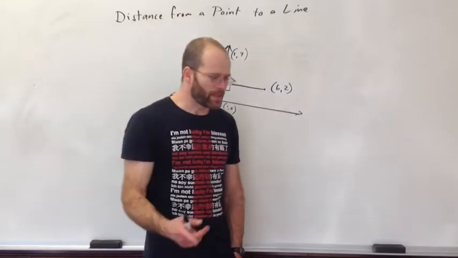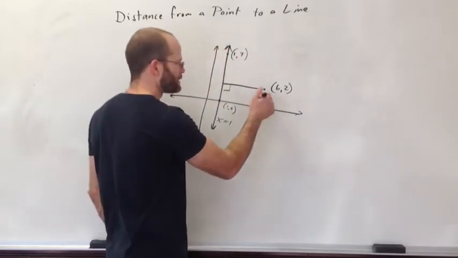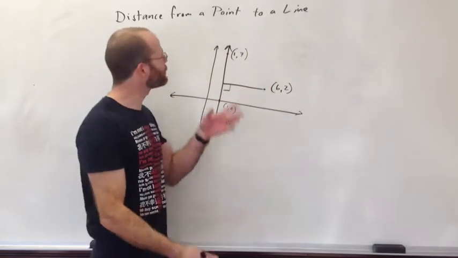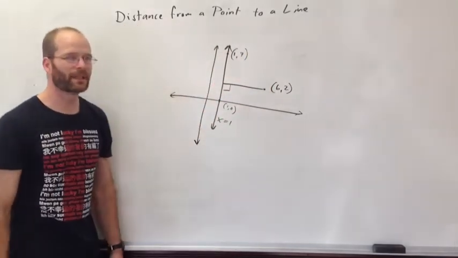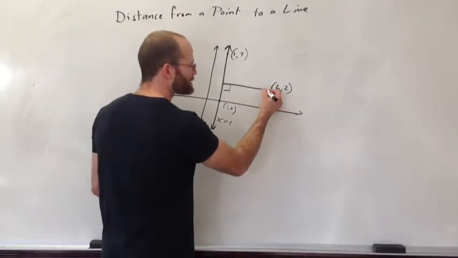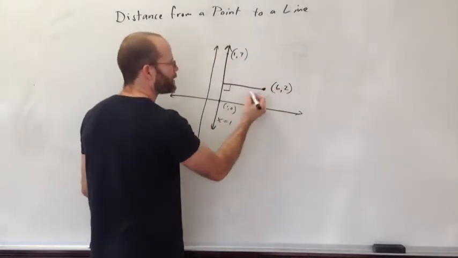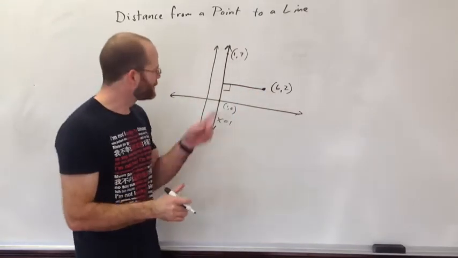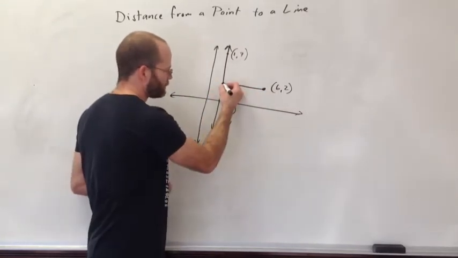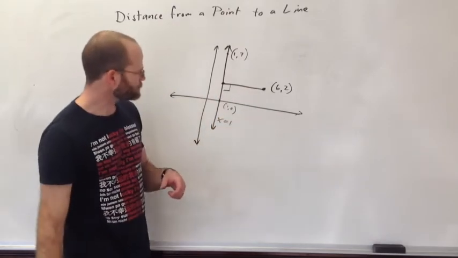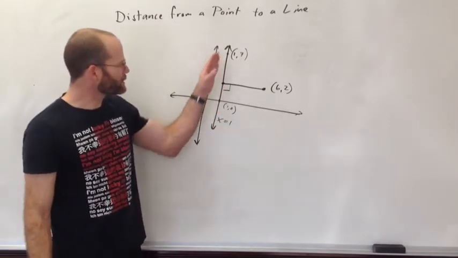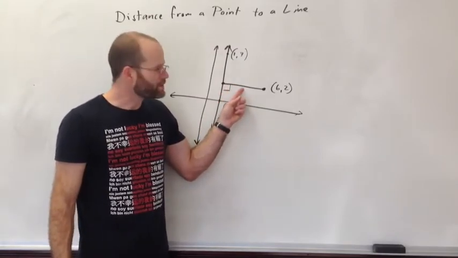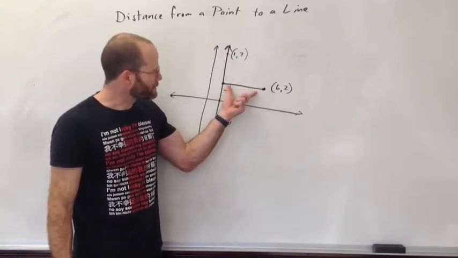Well, you can see that the point is an infinite number of distances from different points on the line, but that's not what we mean when we say the distance from a point to a line. We mean, how far is this point from this line along this perpendicular segment? So that's the question for us. In order to answer the question, we need to identify this point right here. So, if this is a vertical line, and this line is perpendicular to it, this is a horizontal line, which means our distance will be measured along this horizontal line.